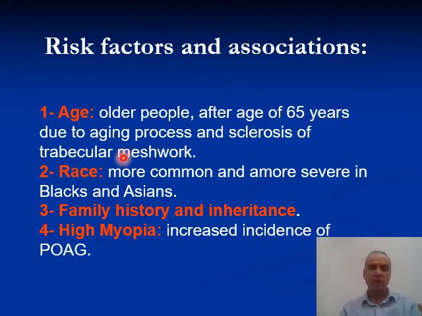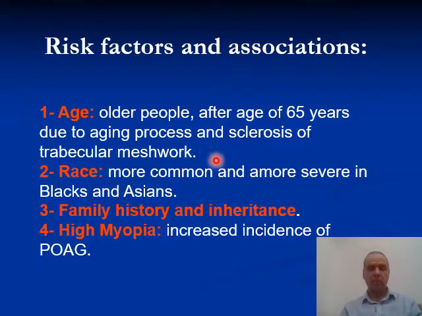Risk factors and associations for primary open-angle glaucoma include age after 65, because with advancing age there is sclerosis and deposition of glycosaminoglycans inside the trabecular meshwork, leading to narrowing of the openings of the trabecular meshwork, which are called spaces of Fontana.